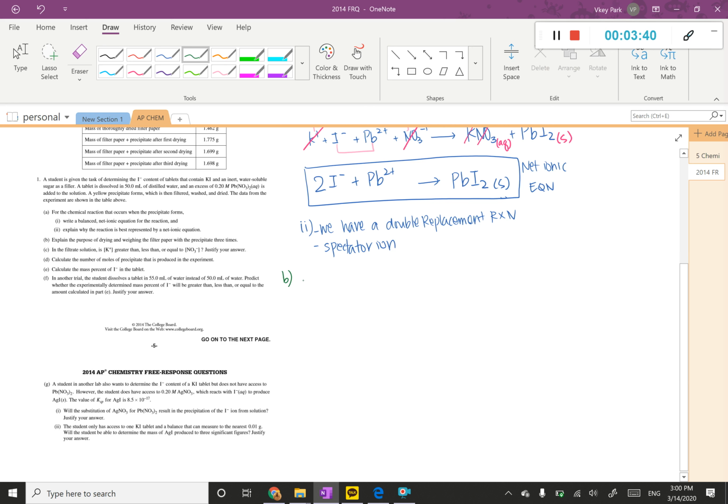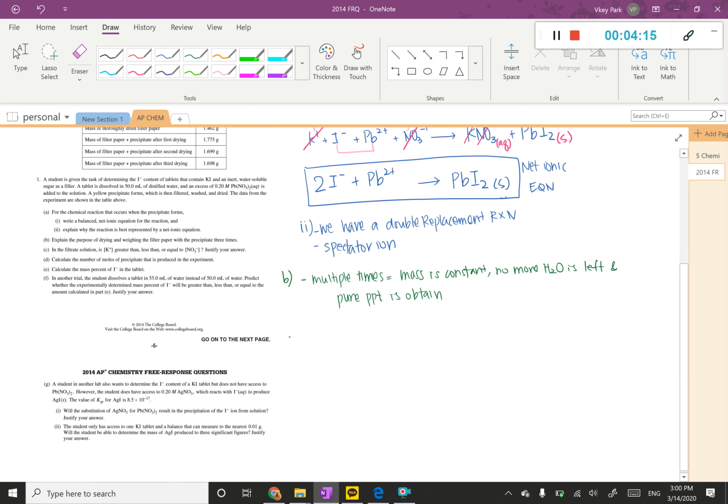Weighing it multiple times is to see that the mass is constant, and that is to make sure that there is no more water left over and pure precipitate is obtained. Easy peasy.